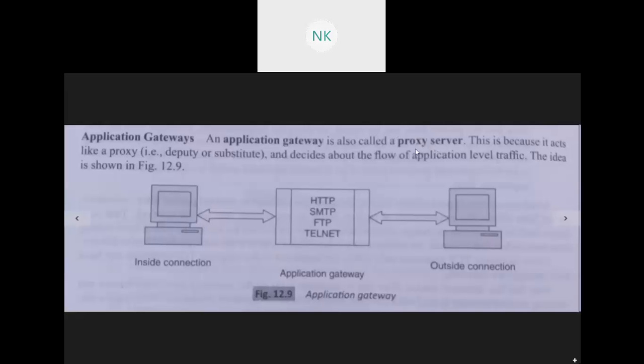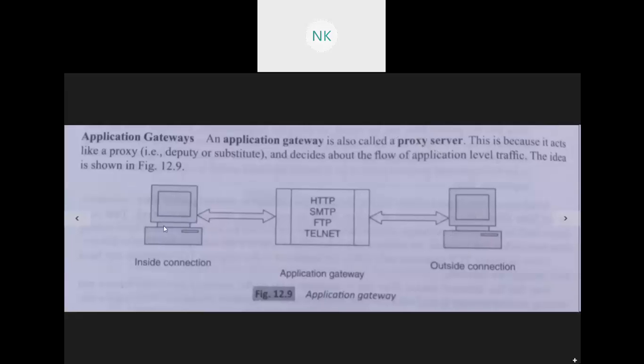Now let's see the working of the application gateway. Suppose this is a user and this one is the destination. Suppose a user wants to send a message from source to destination. So how does a user send information from source to destination?